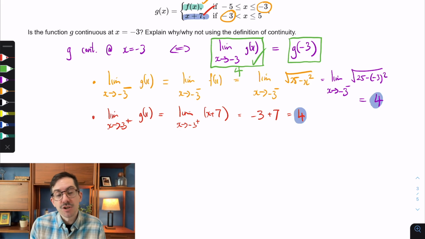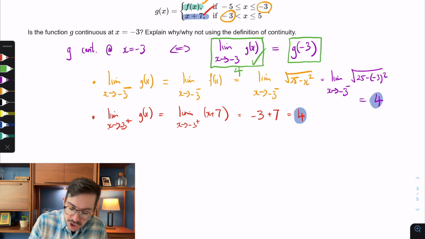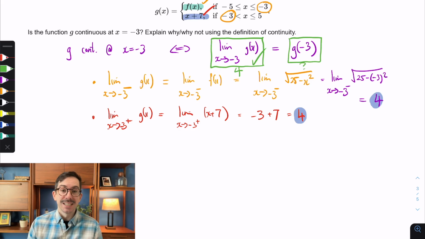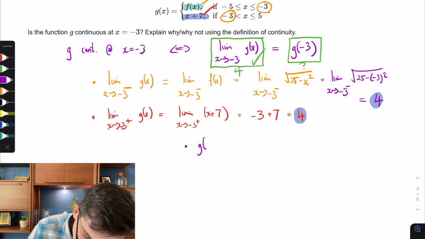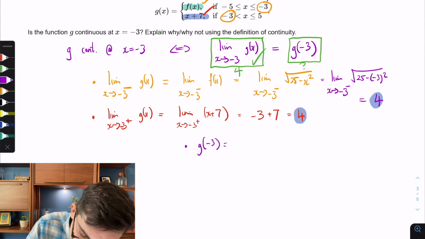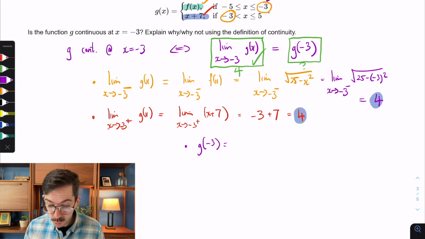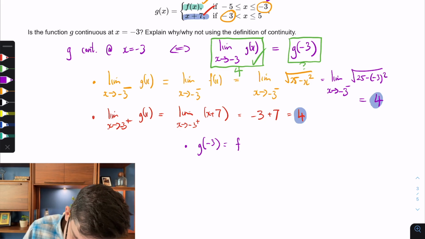To answer the question of whether or not g is continuous, I just need to figure out what that right-hand side is equal to. So let's figure out g of negative 3. Well, at negative 3, it's that top rule that comes into play. That is going to be f of negative 3.